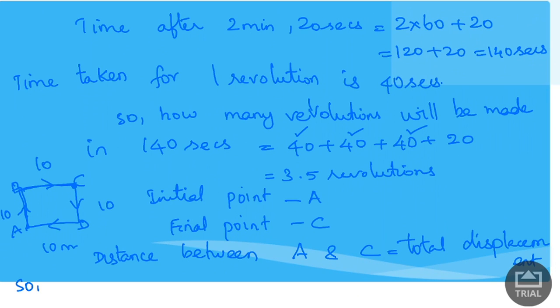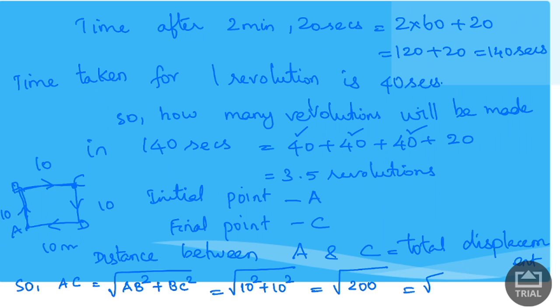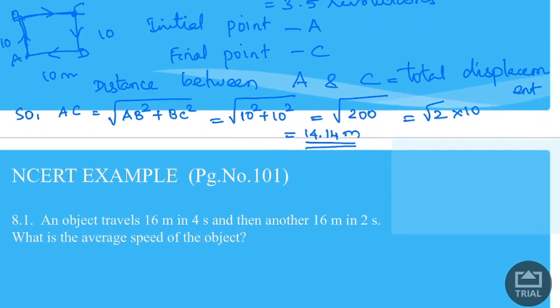A to C is equal to root of AB square plus BC square, that is 10 square plus 10 square, equal to root of 200, equal to root 2 into 10. So it is equal to 14.14 meters. So the total displacement made by him is 14.14 meters.